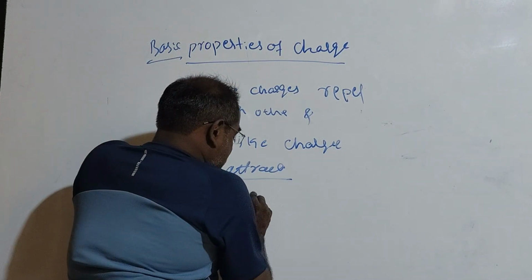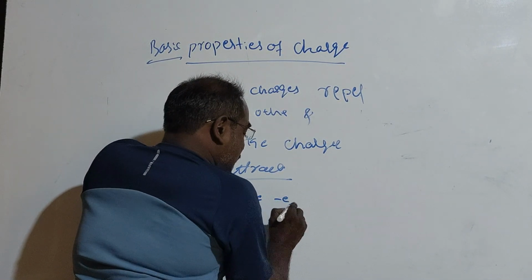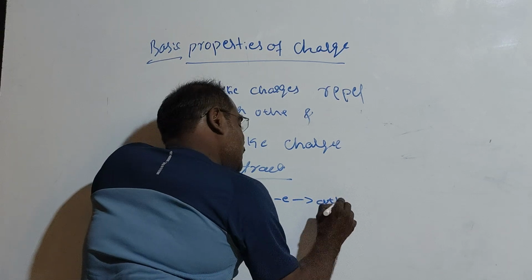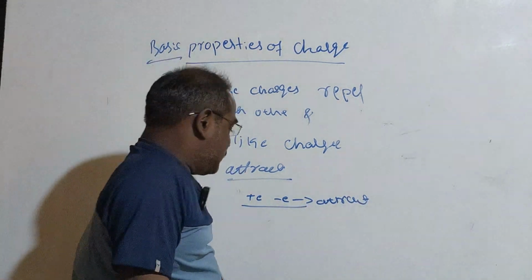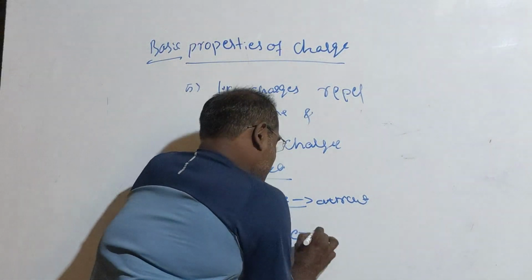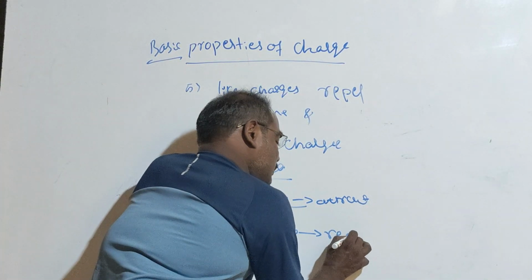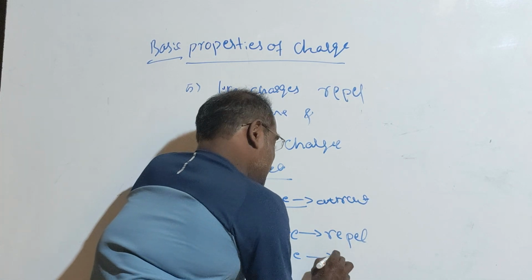Proton and electron attract because they are opposite charges. Proton proton repel, electron electron repel.